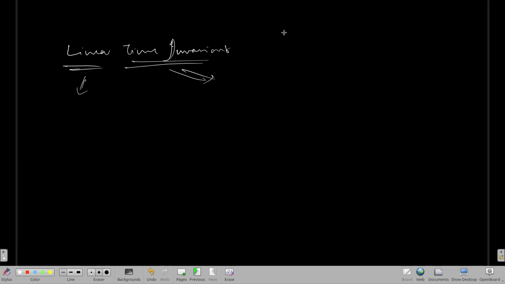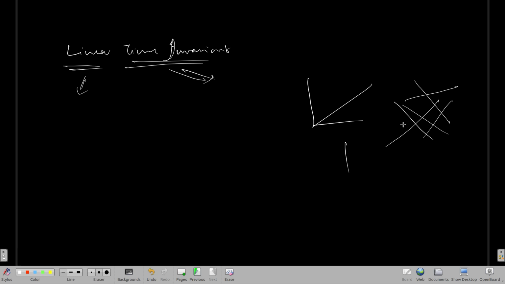An easy method for looking for linearity: basically what is linearity? Linearity means that the system response should be a straight line, right? It can be a straight line of any orientation, starting or ending at any point, but it should be a straight line in the region where we are considering the system. That might be helpful.